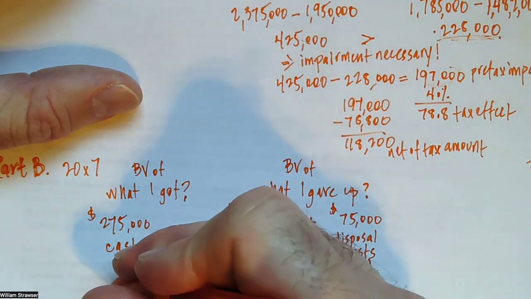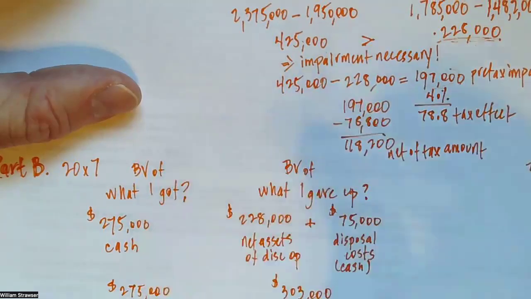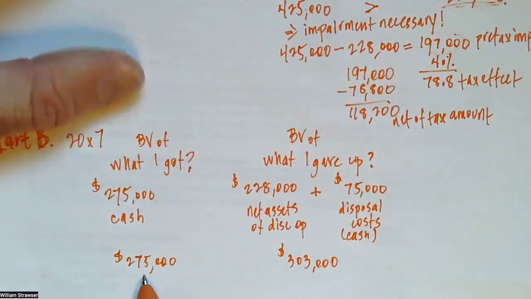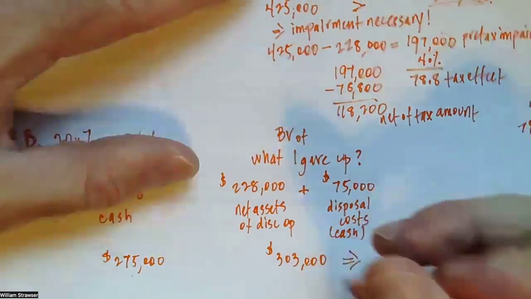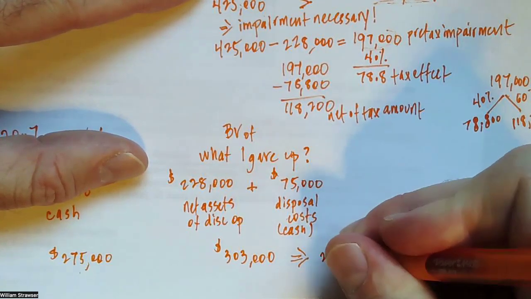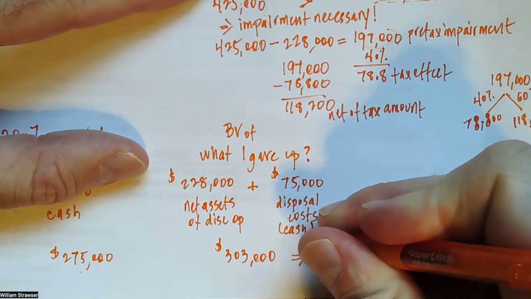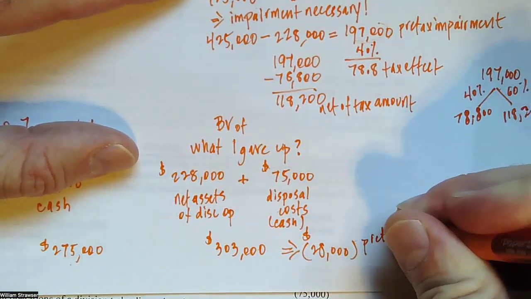And we compare that against the $275,000 of cash that I got. Well, in this case, I got less than I gave up, and that implies a loss of, in this case, $28,000. And that's a pre-tax loss.